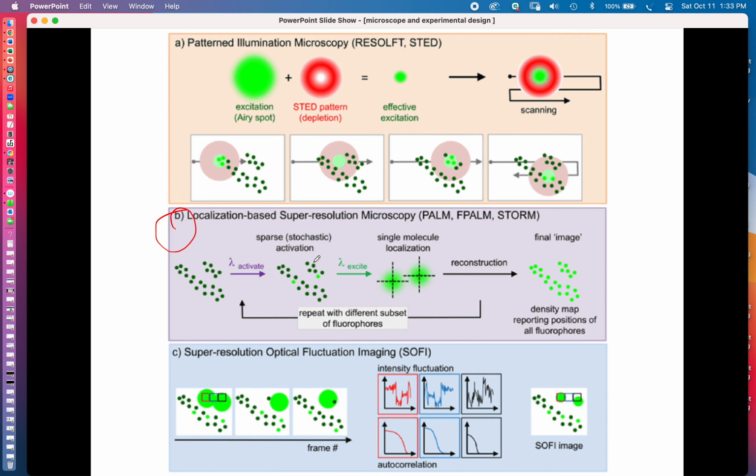And so what's going on here is the idea that we'll just say these are two of those pigments that can glow. And these pigments could be very close to each other. And so if you illuminate them with a regular light microscope, you would not see them as different because they're so close to each other, they just look like they're in the same place.